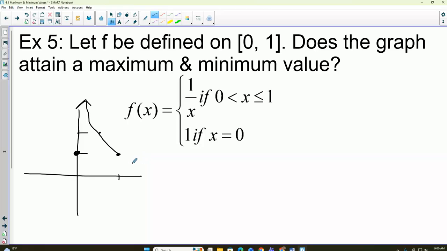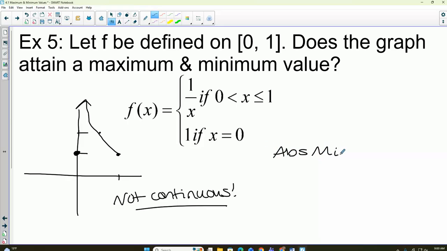It's a closed interval, but was this one continuous? No. When I look at this one, do we have an absolute min? You can have more than one if they're the same. Yeah. So they would be at 0, 1.